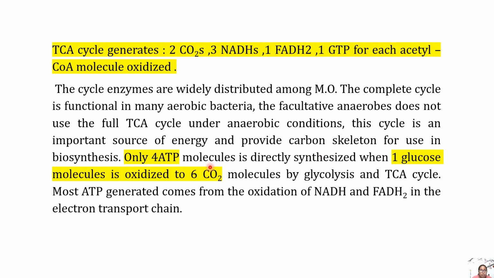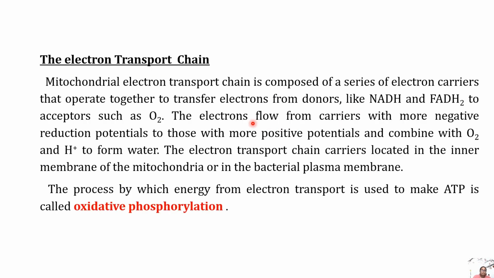Only 4 ATP molecules are synthesized directly when one glucose molecule is oxidized to 6 carbon dioxide molecules by glycolysis and the TCA cycle. Most ATP generated comes from the oxidation of NADH and FADH2 in the ETC, the electron transport chain. Now what's the ETC? The mitochondrial electron transport chain is composed of a series of electron carriers that operate together to transfer electrons from donors like NADH and FADH2 to acceptors such as O2.